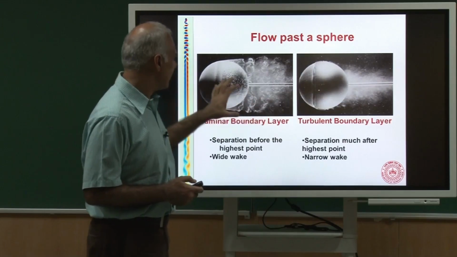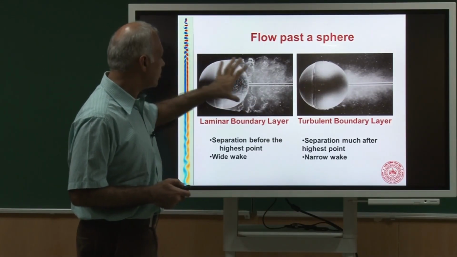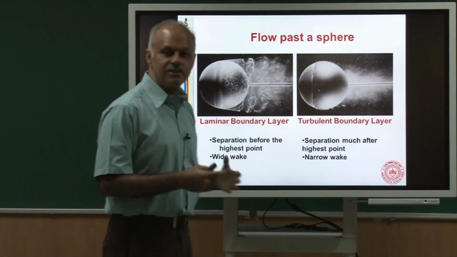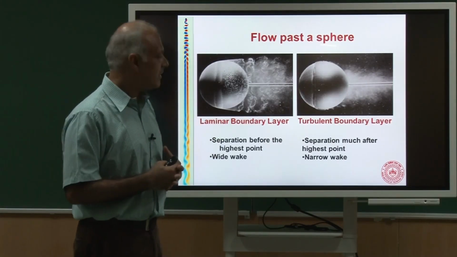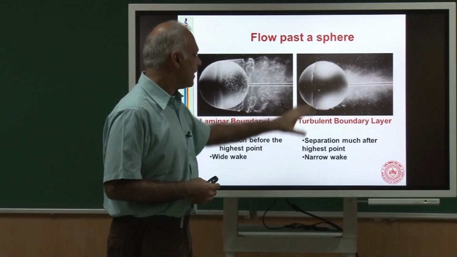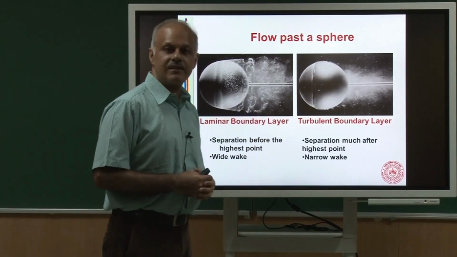You can see that the smoke here is a little more transparent, I can see through it, and here I have lost the transparency, it has become more translucent because there is heavy mixing inside the smoke. So the boundary layer here is turbulent, the separation is much later, and you get a much narrower wake.